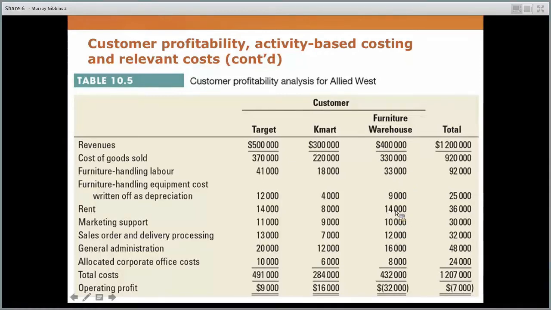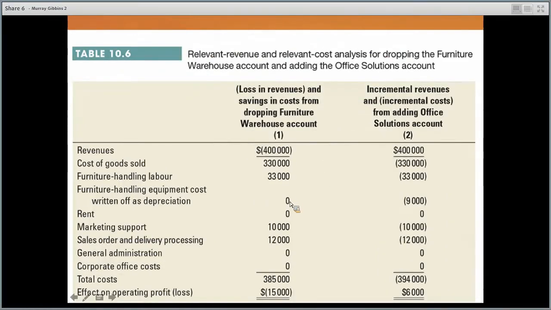We've got this furniture handling with them that these guys don't have that's contributing a bit to those losses. They also will be sharing some of the fixed costs of the whole operation. So when we come to calculate those losses, we'll really just make sure that if we are going to incur the rent whether we have the customer or not, we leave it out of the equation.